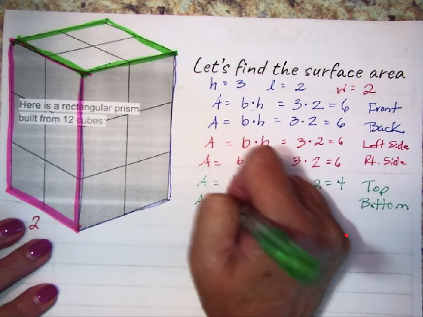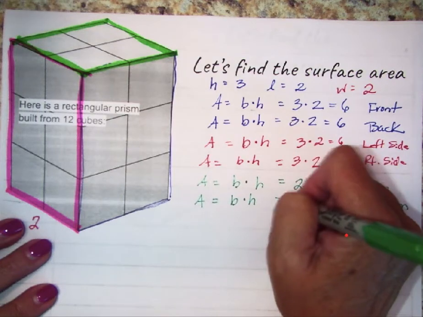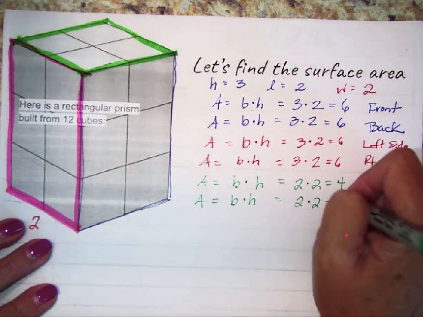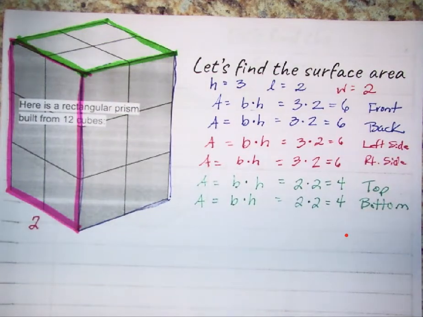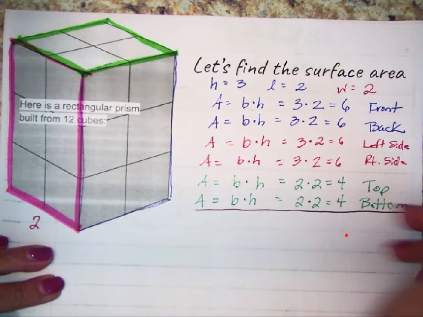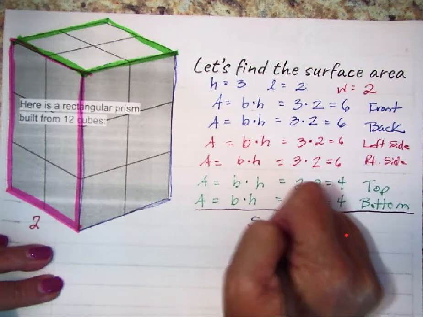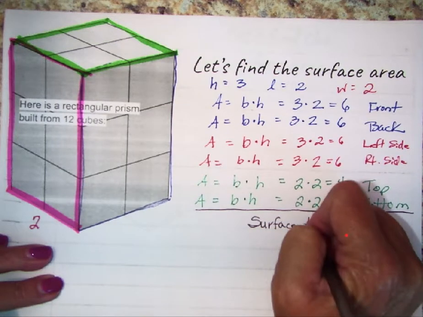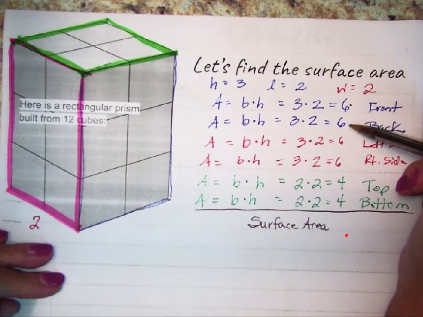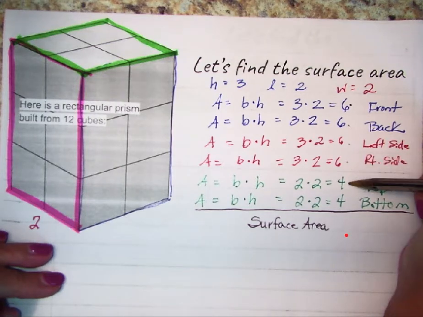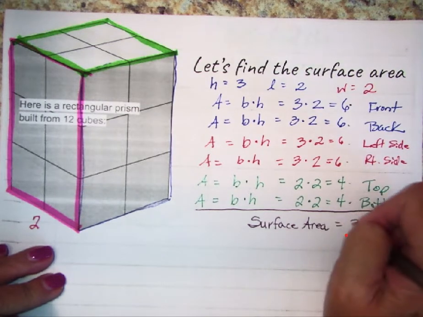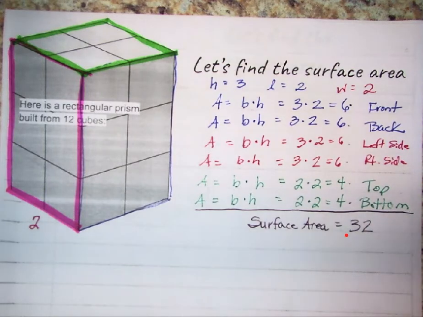Area, base, and height: 2 times 2 equals 4. So, with all that being said, now I can add everything up and find my surface area. So 6, 12, 18, 24, 28, 32.